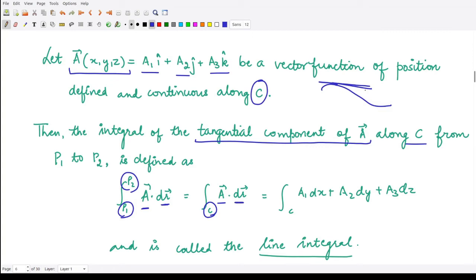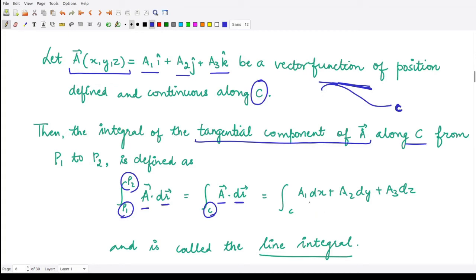Whatever is the tangential component of this vector along the tangent direction to this particular curve, in that direction we can perform this integration, and that integration is known as line integration.